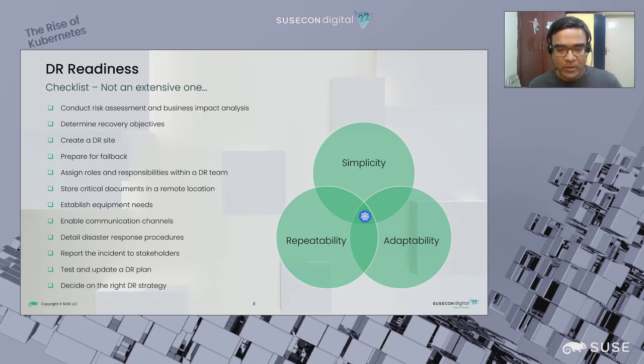It needs to be adaptable, which means that when we implement it, if we observe gaps, it should be changeable enough that we can adapt. And it should be repeatable, so that for that particular event and those particular applications, the DR plan can be implemented in a repeated manner, to ensure there are no surprises, essentially.